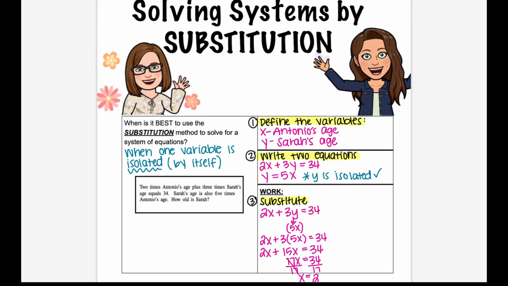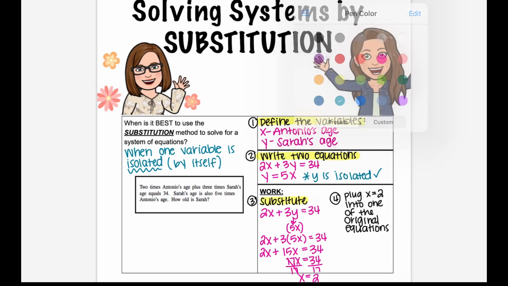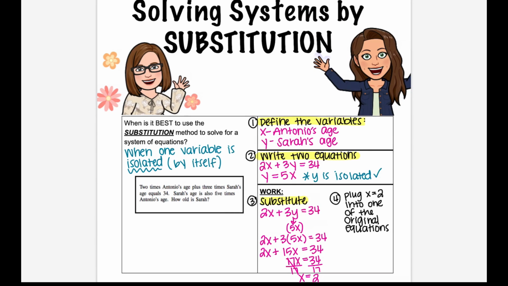Well, now that we know x is 2, we can take 2 and plug it back into one of the original equations. Okay, so if x is equal to 2, here's what we're going to do.